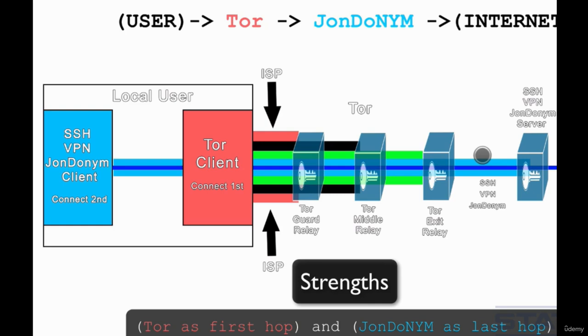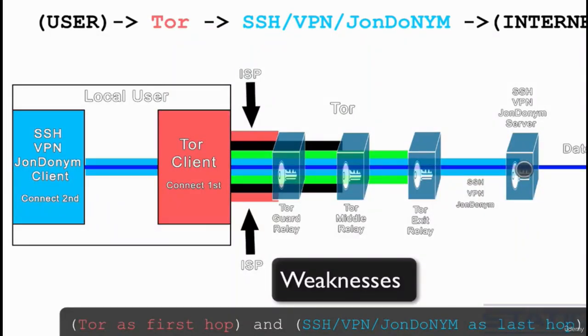SSH, VPN, JonDonym, three-layer stopped and cannot reach their destination by this layer if Tor is first hop and SSH, VPN, JonDonym are last hop. In some cases, Tor hides your IP address by SSH, VPN, or JonDonym server and clarifies your IP address and stores your data, and Tor fails there.